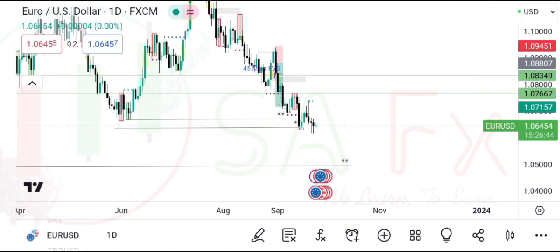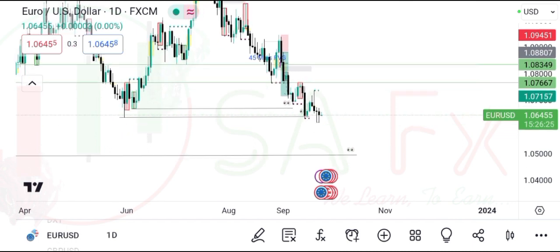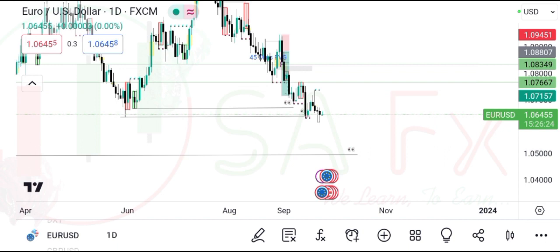If you look at Euro USD as well, you see that we have the same markups like the GBP, right? We have two sell side liquidity taken, and we are aiming at the next sell side liquidity. But before then, what do you see above? Do you see anything above? If you do, that is what we're looking at.